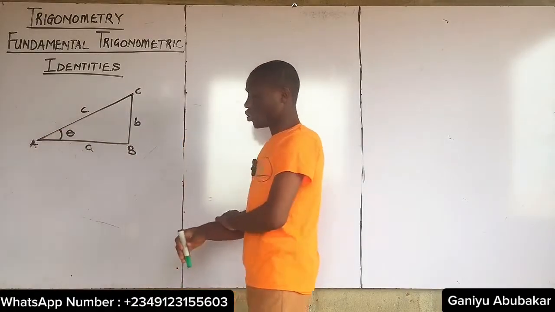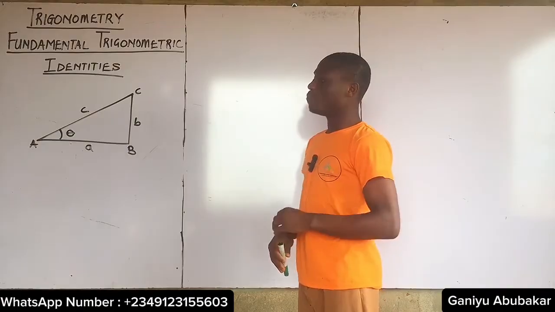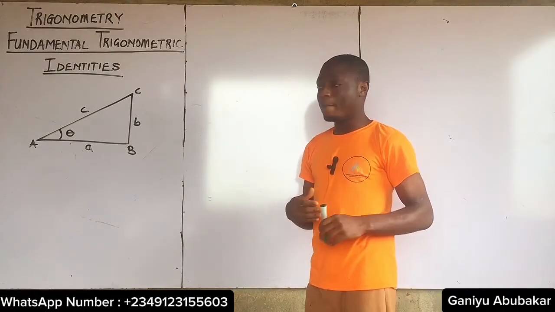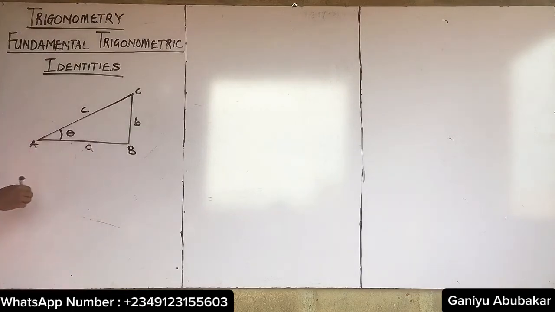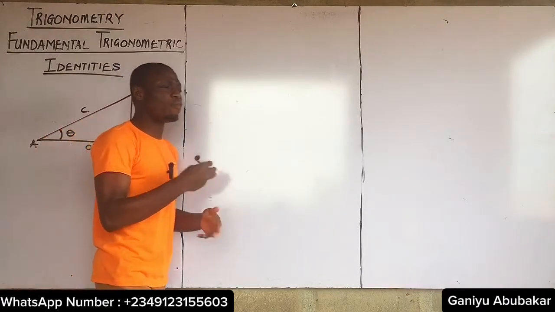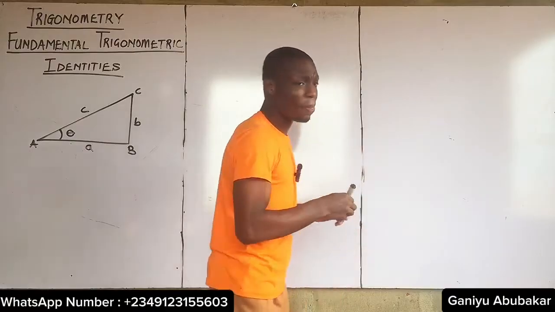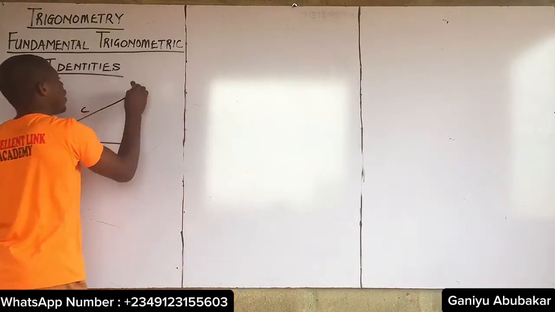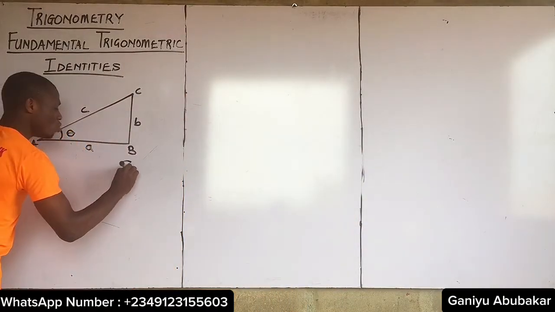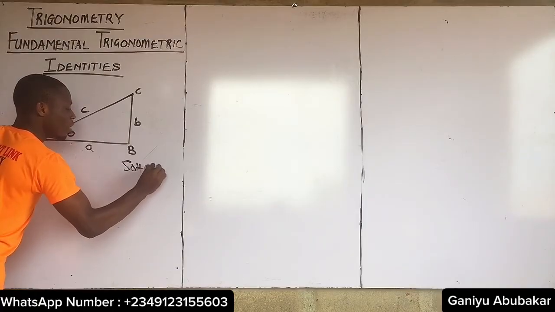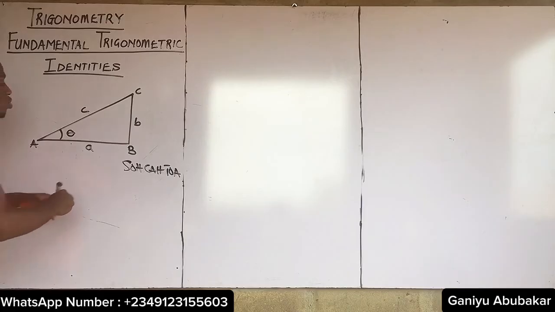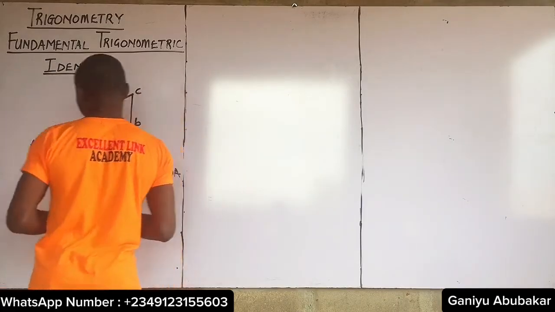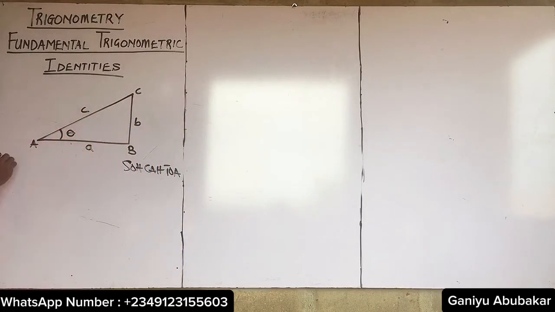All right, let's get the trig ratios. What we know from our very first class is that we discussed the concept of SOHCAHTOA, right? So let's derive this expression again. For S, that's sine theta. My angle is theta.